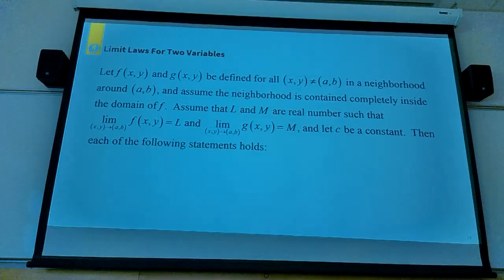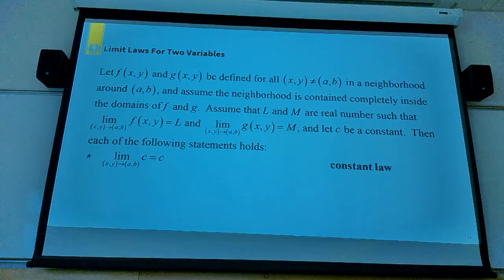The limit laws. All right, so the limit of f is L, the limit of g is M, c is a constant.